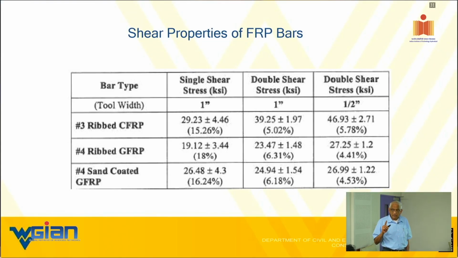In terms of in-plane shear, the single shear and double shear are different. So what is the difference between double shear and single shear computations? When you talk about a double shear, the central zone has zero shear, pure bending.